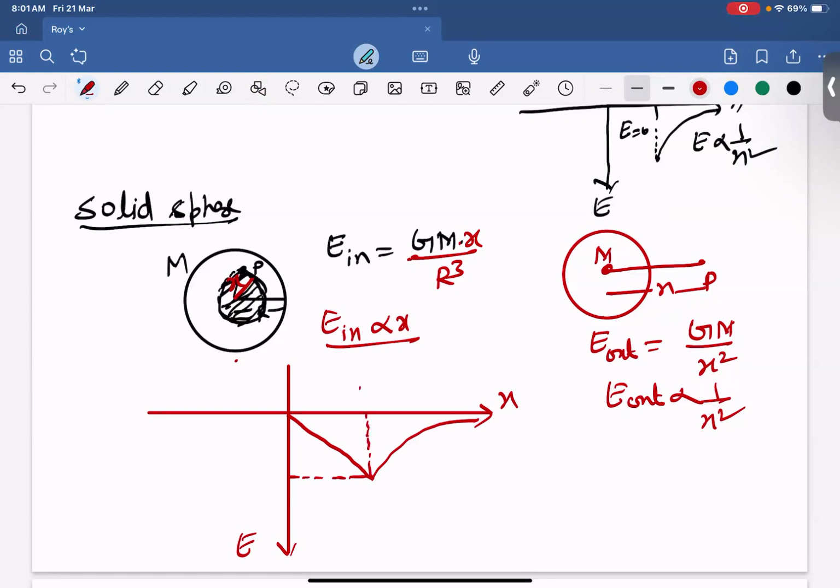This is at the surface, and at the surface you can keep capital R here, so it becomes GM by R square. Why am I making it down? Because the direction is always negative. If X is positive, direction is always negative. Understood?